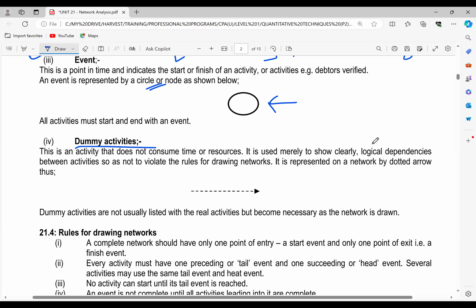So the dummy activity is a task which does not consume time or resources and is used merely to show clearly the logical dependencies between activities so as not to violate the rules for drawing networks. This one is represented on our network diagram by dotted arrows. This one here, the dotted arrow.